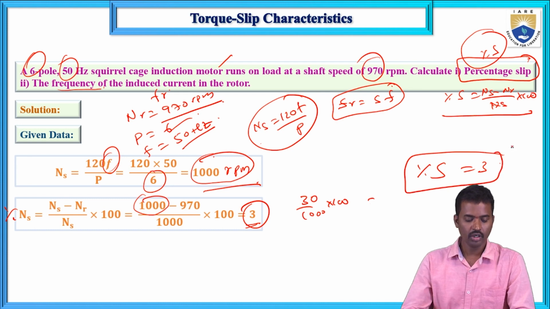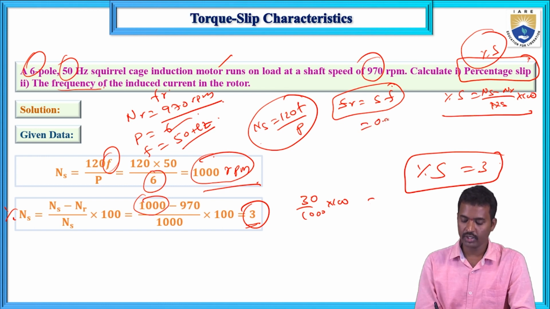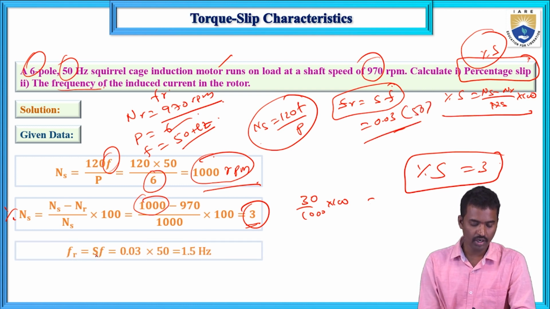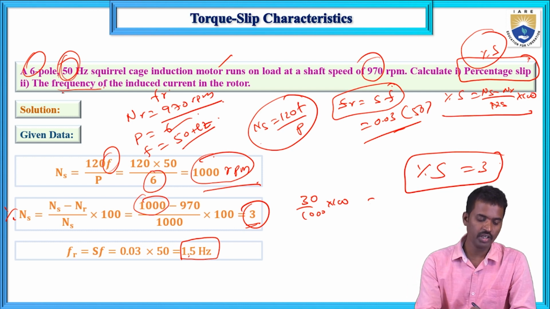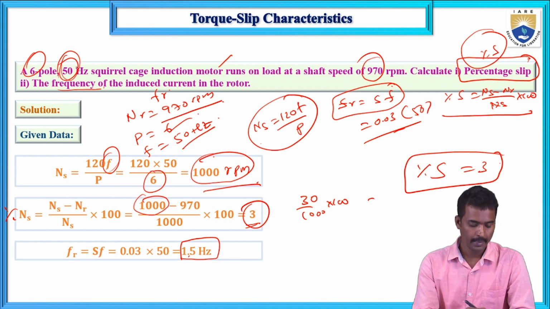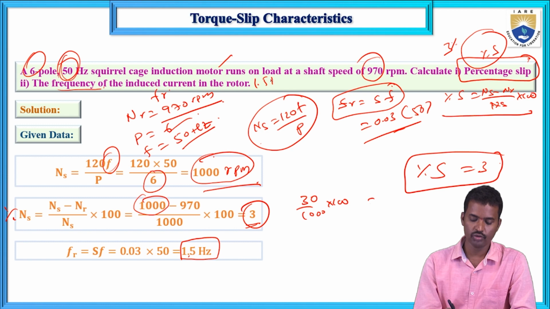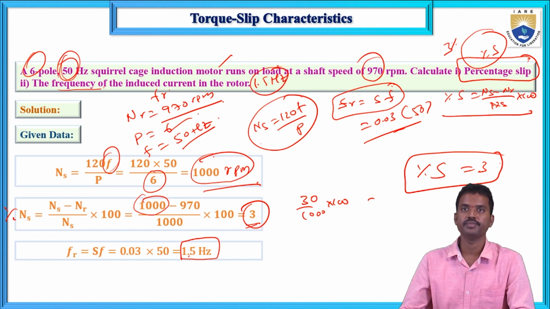Now the frequency of induced current in the rotor circuit: slip is 0.03 and supply frequency is 50 Hz. So FR equals S into F, that equals 0.03 into 50, that equals 1.5. So this frequency is always less than the supply frequency. Now this value is 3% and this value is 1.5 Hz.